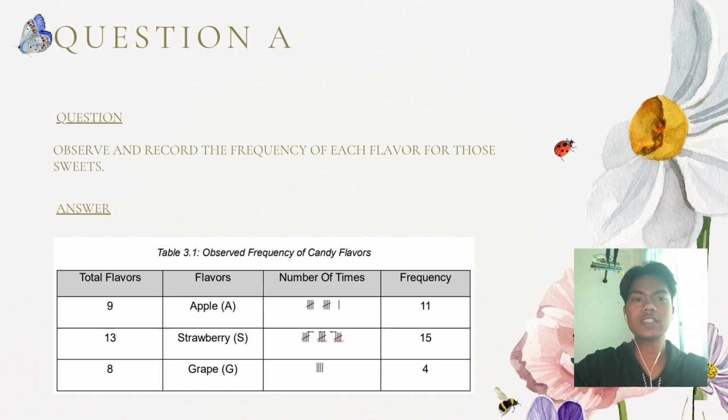A total of 30 sweets were placed in a bowl and one sweet was picked at random 30 times, with the sweets being put back after each pick. The most frequently picked flavor was strawberry, which was selected 15 times. This was followed by apple, picked 11 times, and finally grape, which was picked only 4 times.